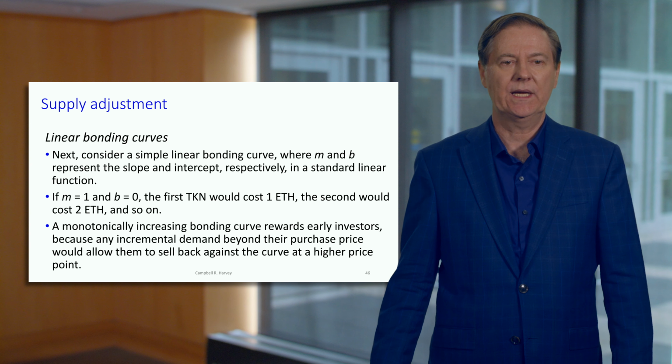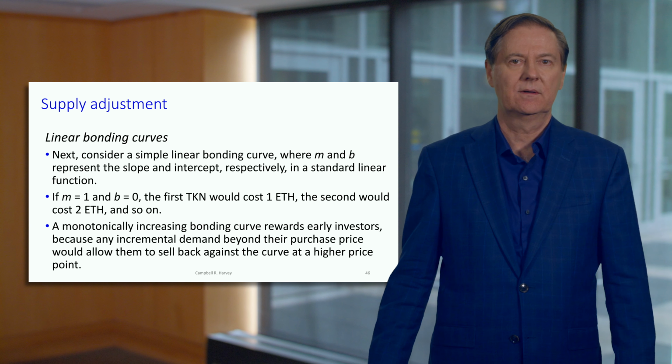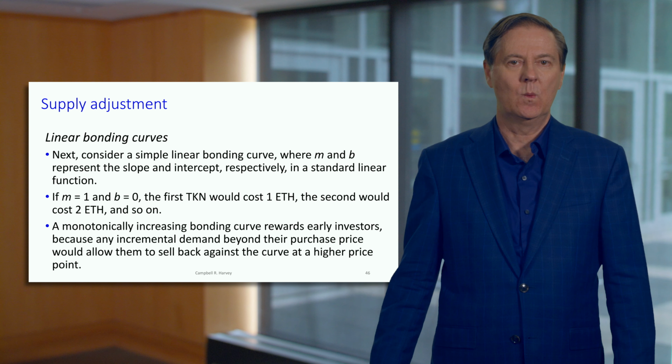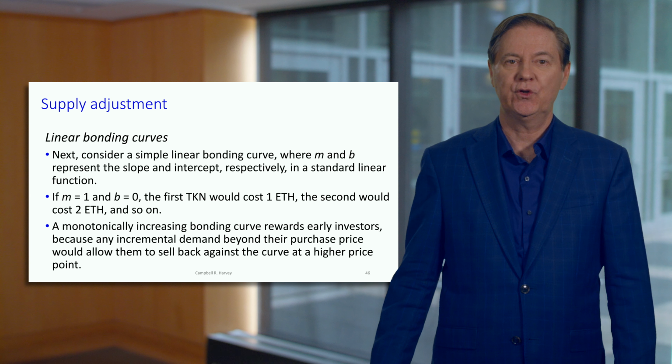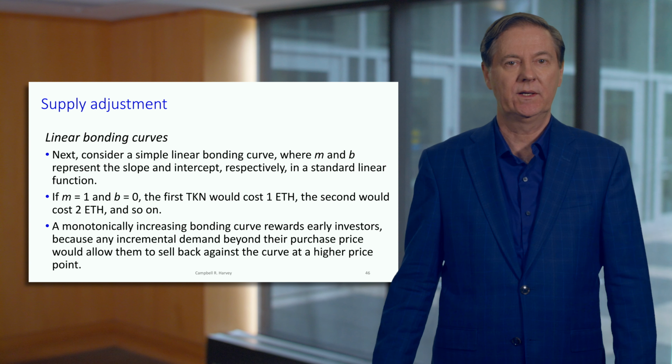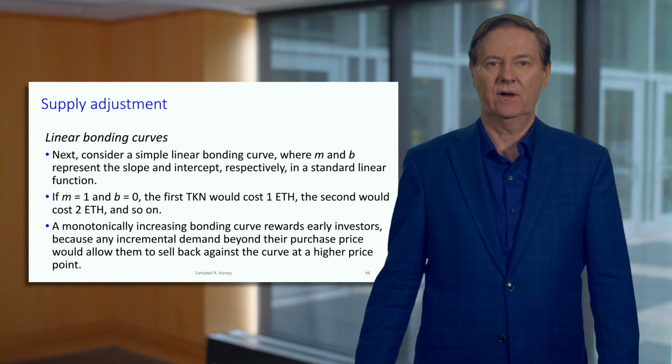Again, this is a function of the supply, so it's 1 times the supply. The first token would cost you 1 Ether, the second one would cost you 2, the third one, 3.